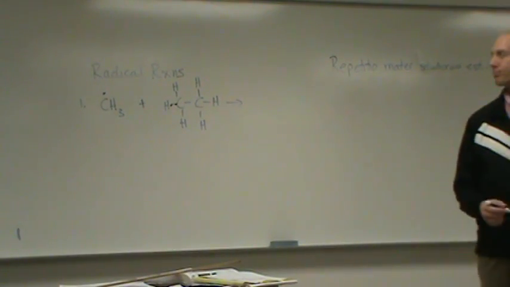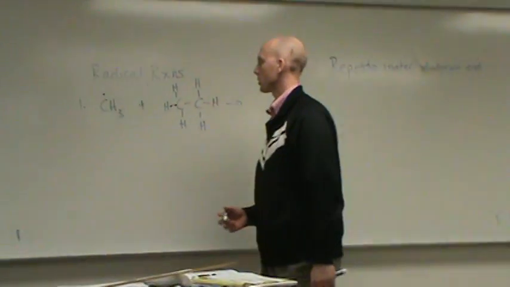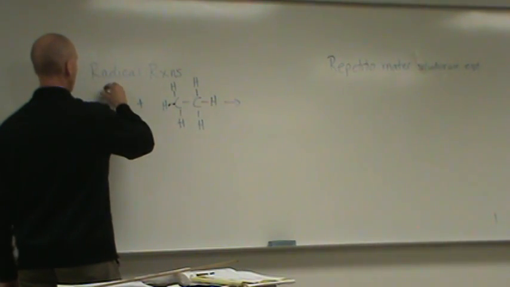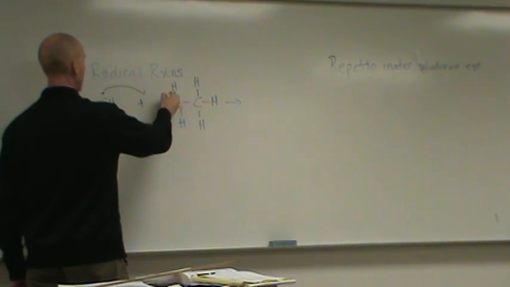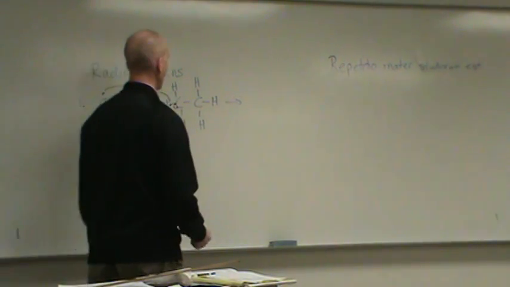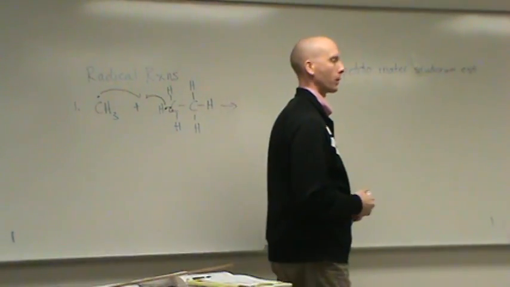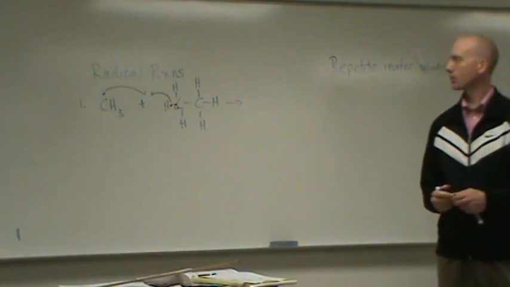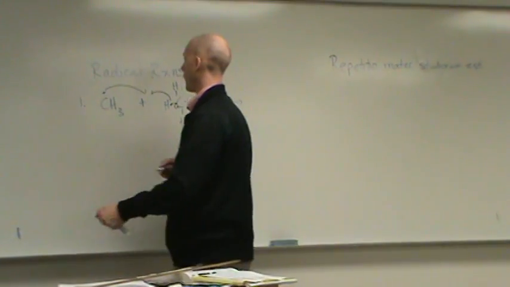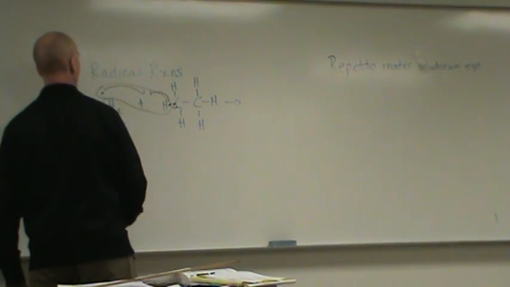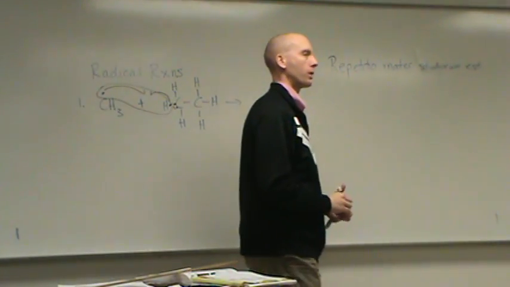What it's going to do is take one of these electrons in the bond, and it'll take that outer one, and that inner one will stay with the carbon. Okay? So in other words, this radical is going to grab that hydrogen with its electron.